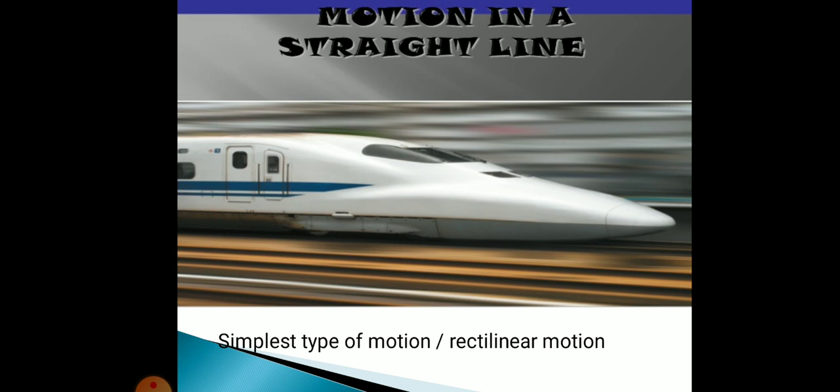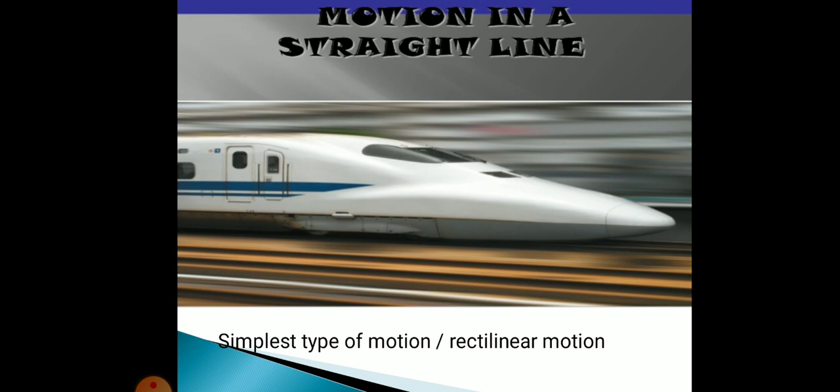We have specified the position of the school with respect to the railway station. So in this example, the railway station is the reference point. Whenever we describe any type of motion, we need to specify a reference point.